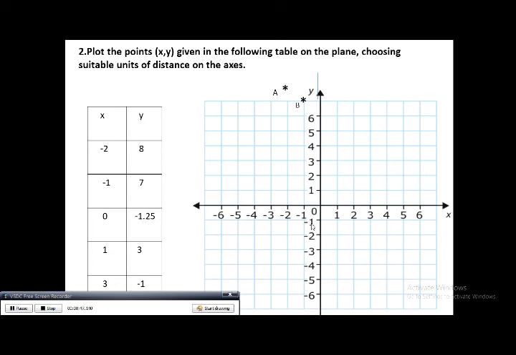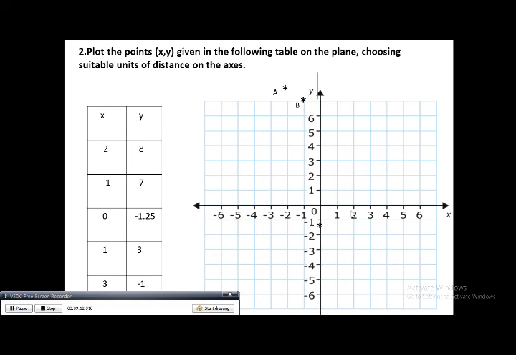Between -1 and -2, exactly in the middle will be -1.5, but we have to identify -1.25, so we can take an approximate position. This point represents (0, -1.25). We have taken the approximate value.